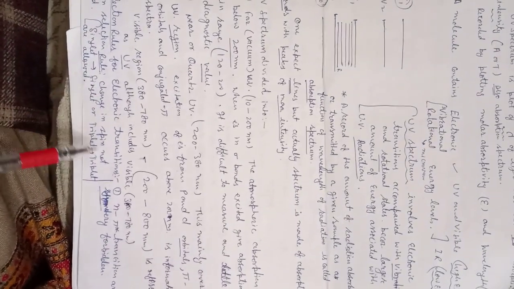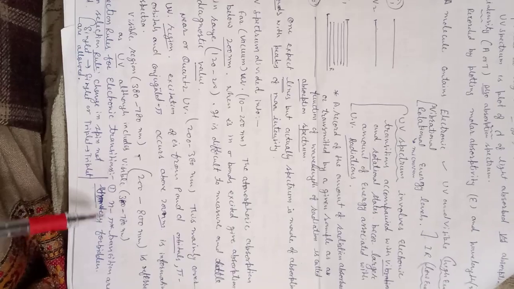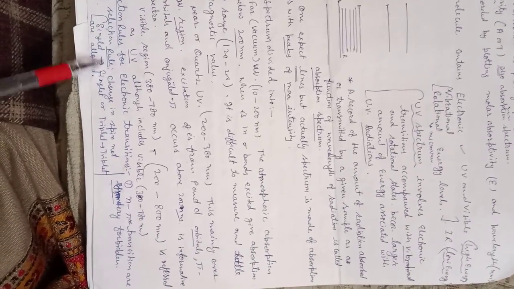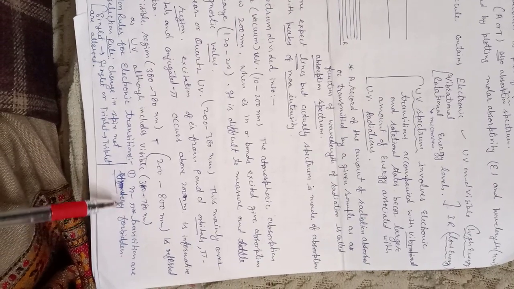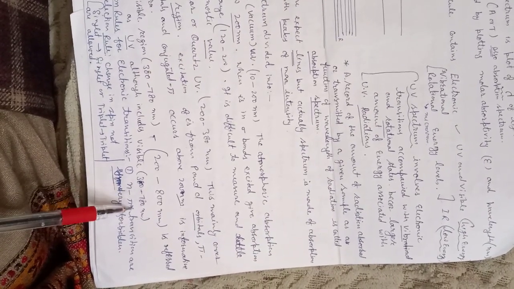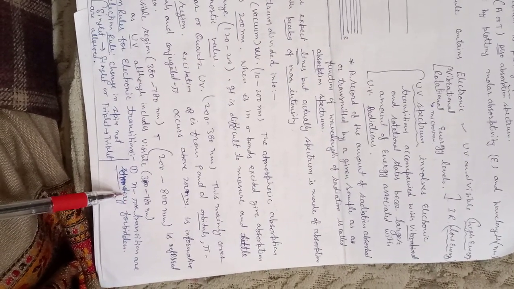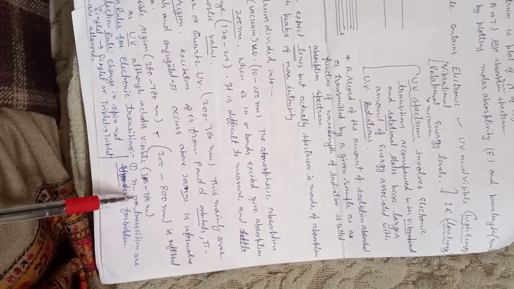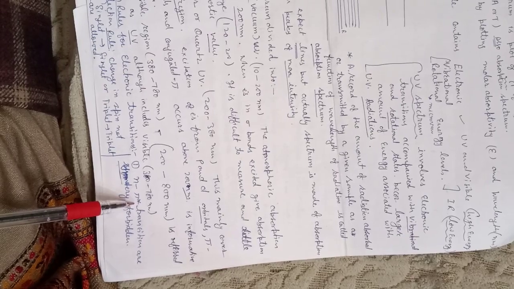Selection rules for electronic transitions: symmetry forbidden and spin selection rule. Symmetry forbidden means an electronic transition occurs between symmetrical orbitals, as when non-bonded electrons transfer to a pi antibonding orbital.